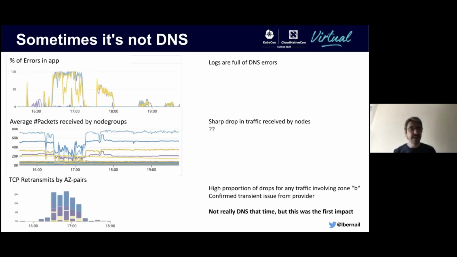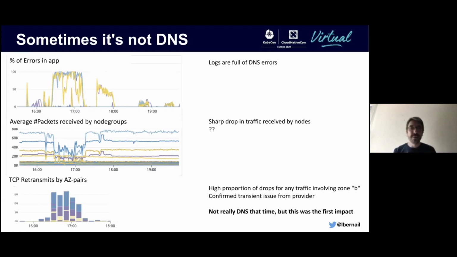So we looked at network monitoring, and of course, you can't easily measure UDP packet drops. However, what you can do is look at the TCP connections on your network, and if you see retransmits, it means packets are getting lost. And in this graph, you can see that there are a lot of retransmits happening exactly at the time of the error.